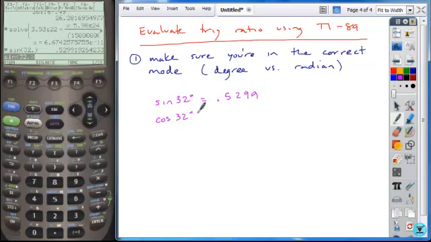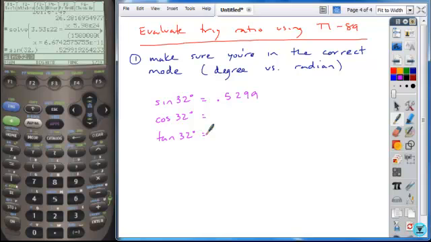All right, so try for the other two ratios. Find or evaluate the cosine and tangent of 32. We'll just keep the same angle measure for all of them, to make sure that you understand how your calculator works. Marco?